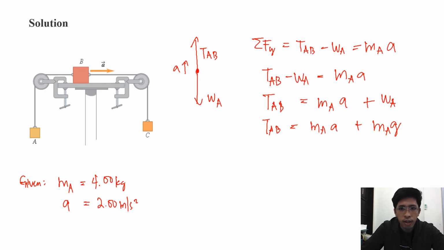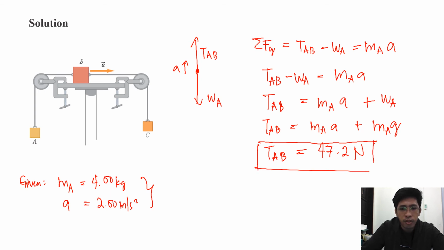And you can solve this one, and you'll find that the tension AB is equal to 47.2 newtons. So you just substitute these values here, and we can solve for one of our target variables, which is the tension AB, and that is equal to 47.2 newtons.